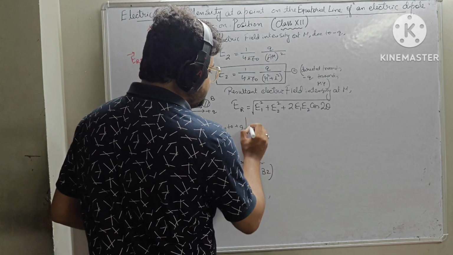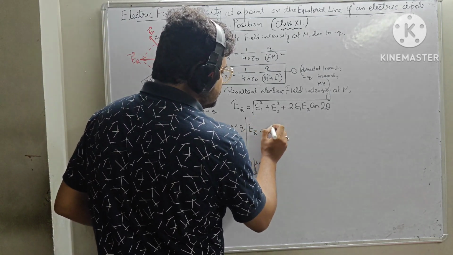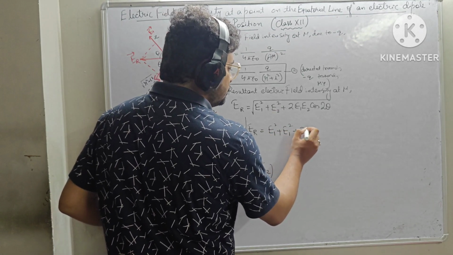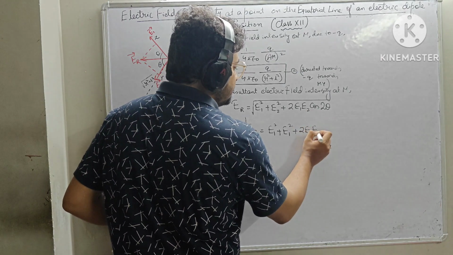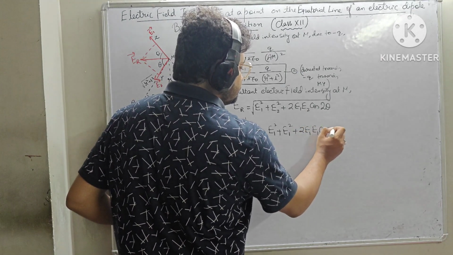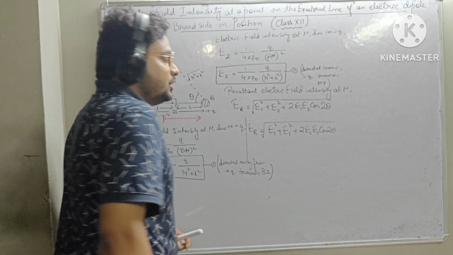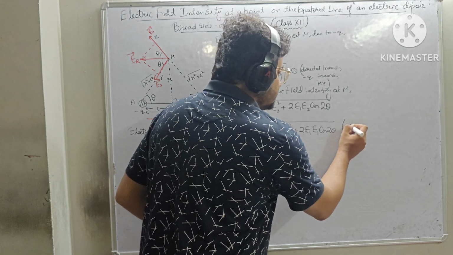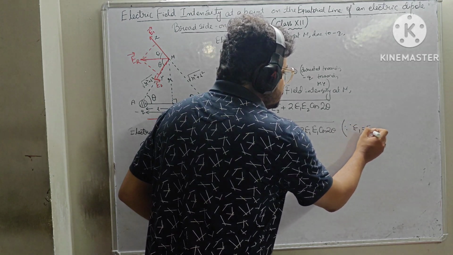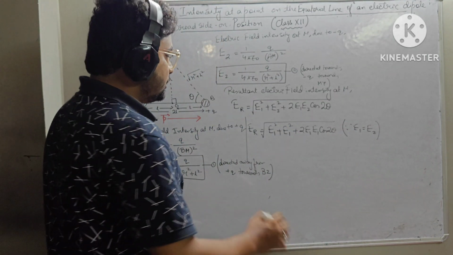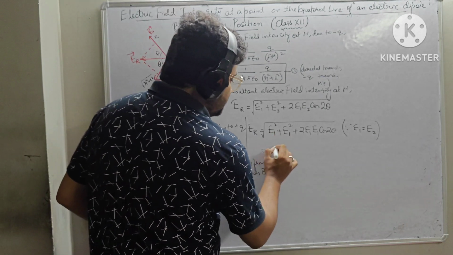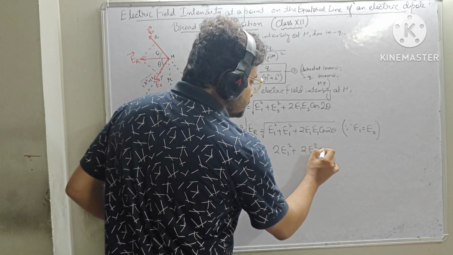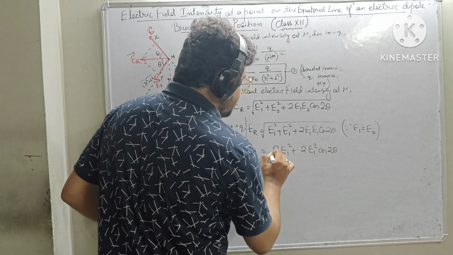So ER will be equal to the square root of E1 square plus E1 square plus 2 E1 into E1 cos 2 theta. Here I am writing E2 as E1 since E1 equals E2. So this will become the square root of 2 E1 square plus 2 E1 square cos 2 theta.